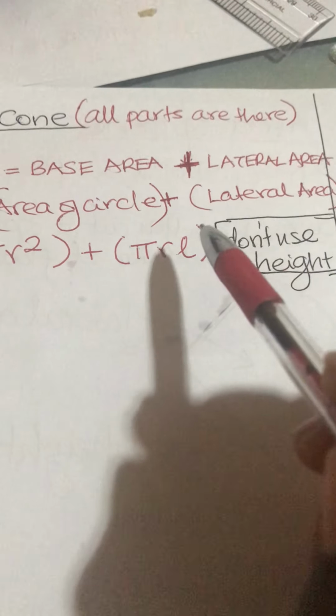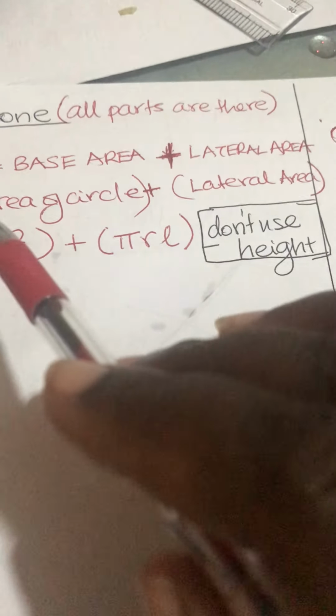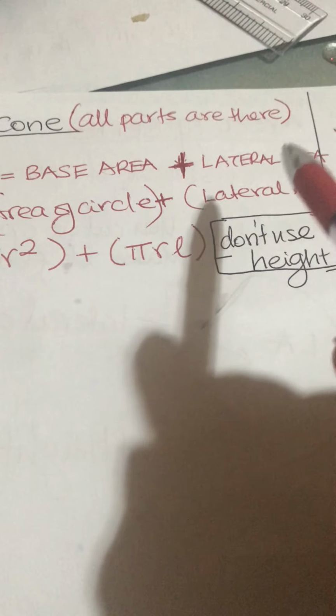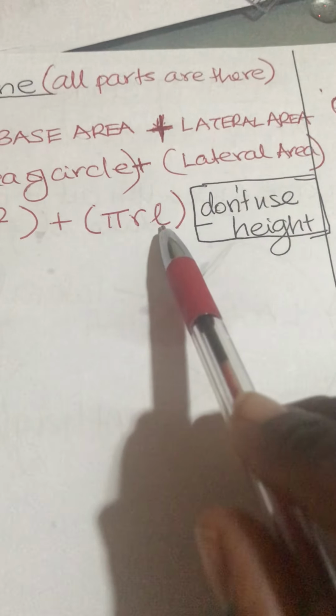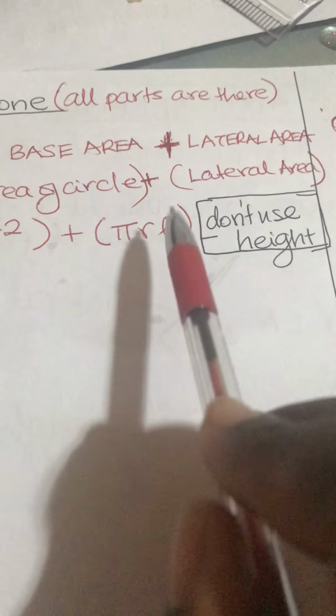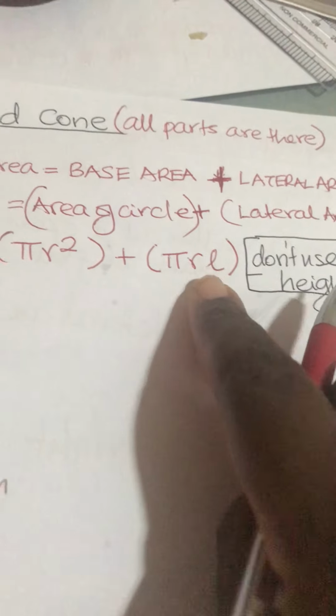Now, this is different from the cylinder. In the cylinder, you use the height. In the cone, you don't use the height. You use the slant height, not the height with H, the height with L. Okay? Don't use H, use L.